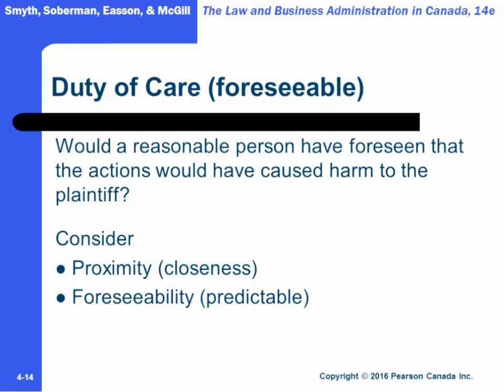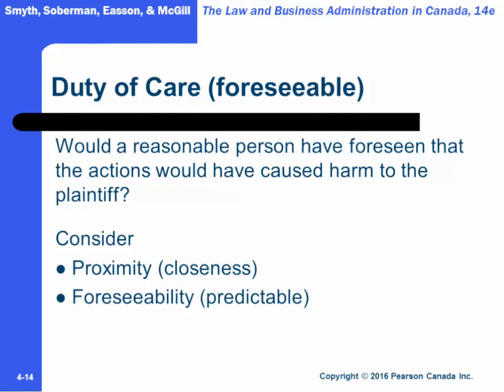Our law imposes an obligation to be careful as a result of the relationship. And the relationship is defined by the two bullet points on slide 4-14 that you see on the screen, proximity and foreseeability. And those things combine to result in some sort of relationship in tort law.